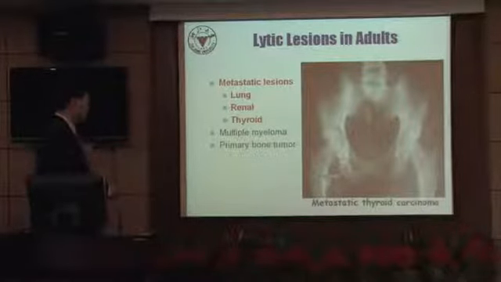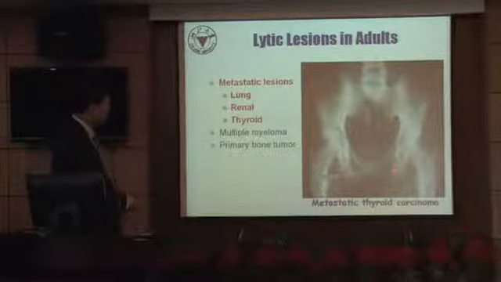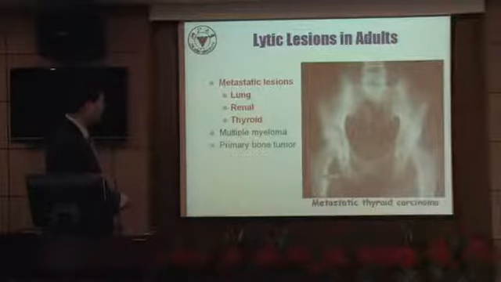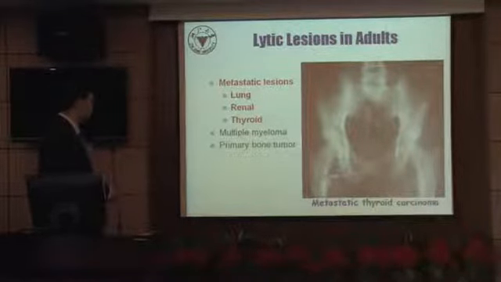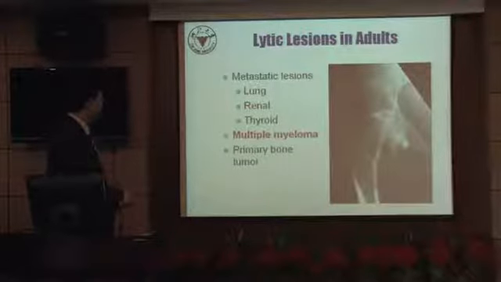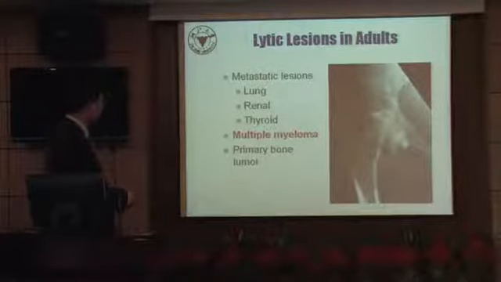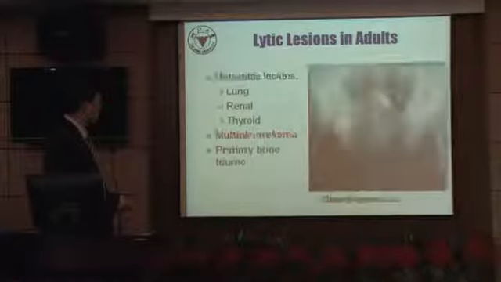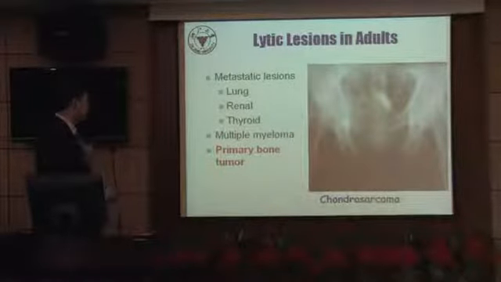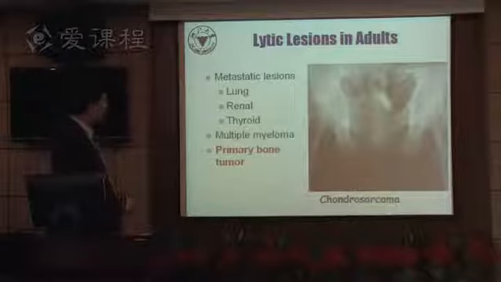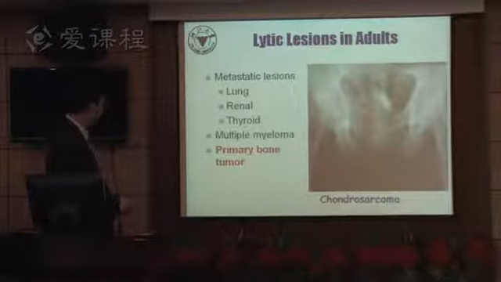Here we got lytic lesions in adults, and it was very often. And this is another picture showing a lytic lesion in adults. That was multiple myeloma, a lot of lytic lesions.